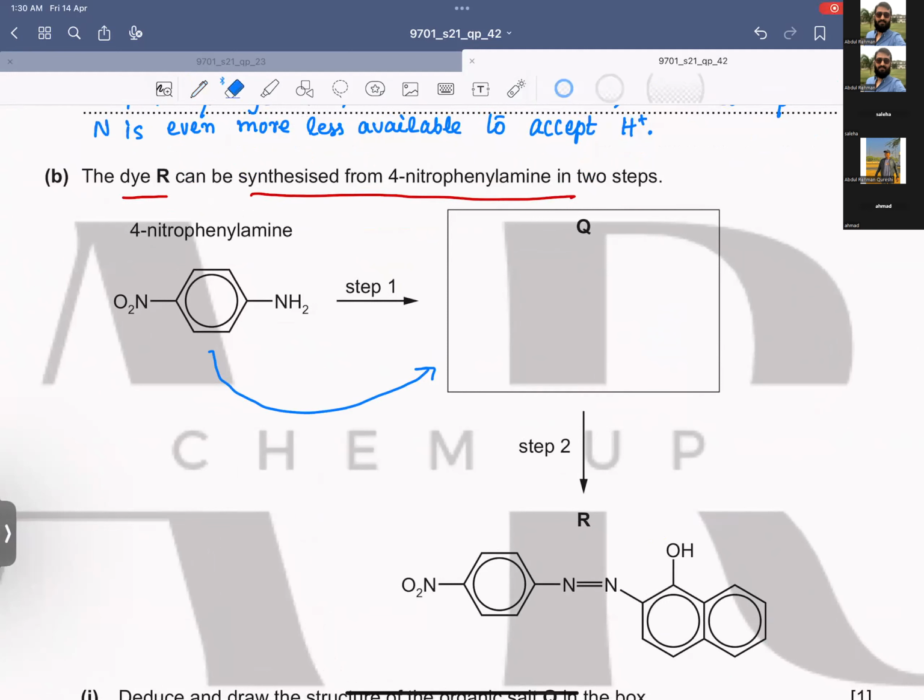We have a nitrogen double bond, and here we have a phenyl. These two things clearly indicate that there is a diazonium salt made over here. So it would be like this only.